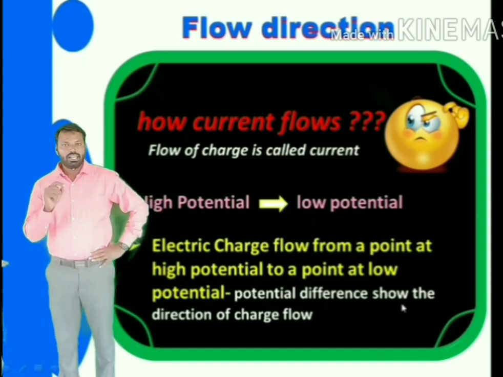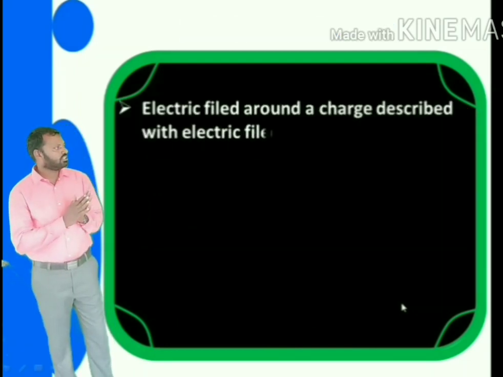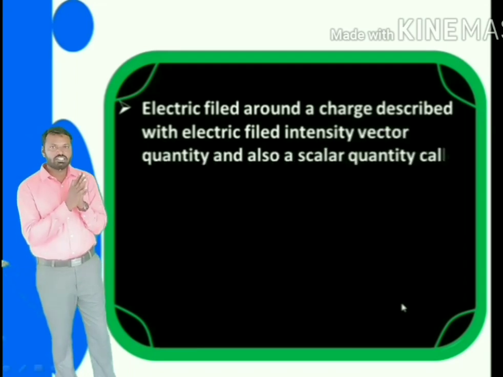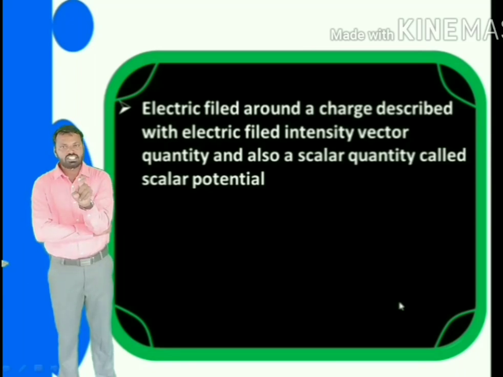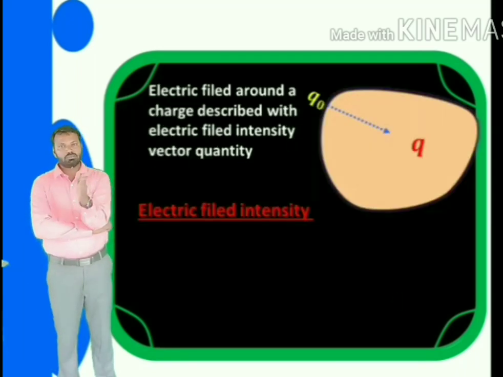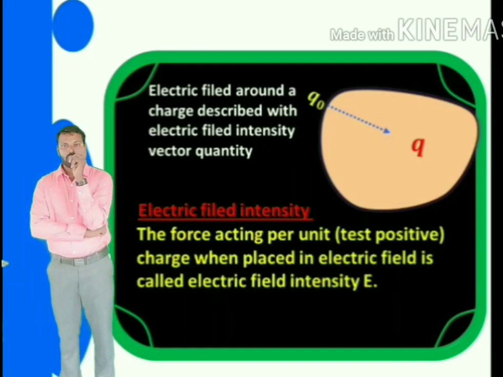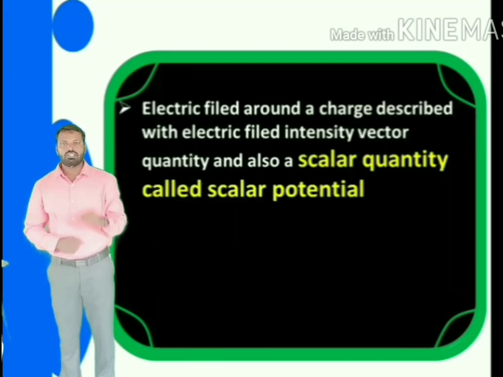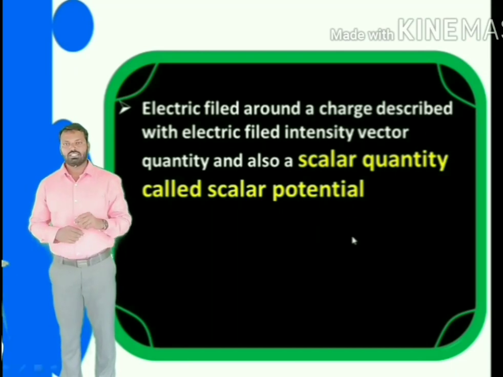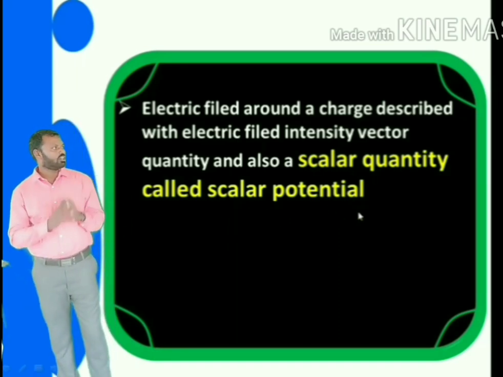Generally, the electric field surrounding a charge is described with electric field intensity, which is a vector quantity. Electric field intensity is defined as the force acting per unit charge, but it is a vector quantity. Similarly, the electric field surrounding a charge can also be expressed with the help of a scalar quantity, which is called scalar potential or simply potential.